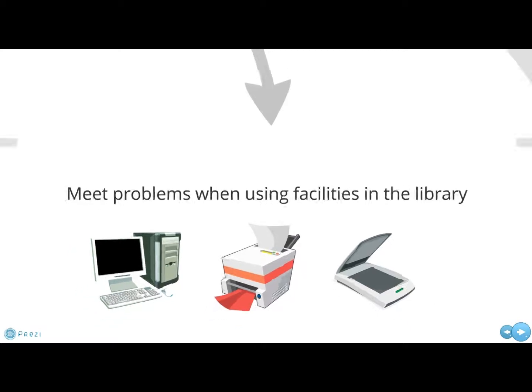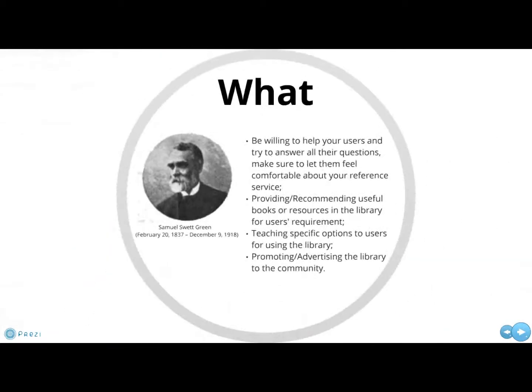Next is the what section. It tells us what librarians should do in reference and user services. As Mr. Samuel Swett Green said in 1876, the things that librarians do today are the same as previous librarians did 130 years ago.